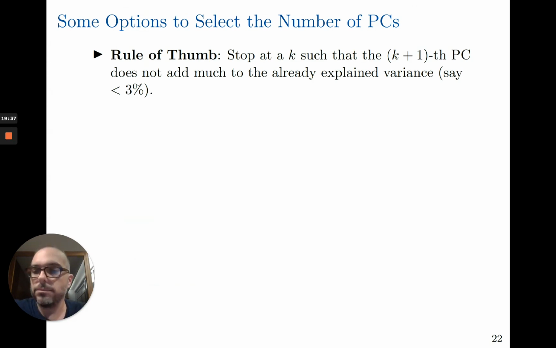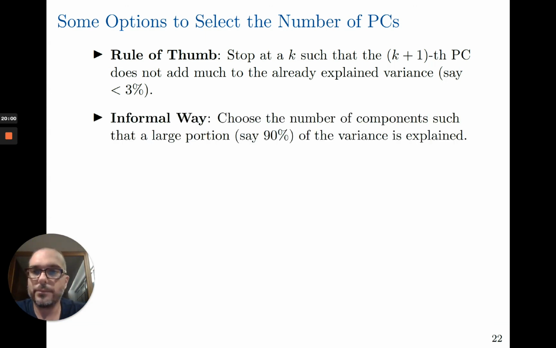But let's go back to the question: how do we select the number of PCs? There we can have a rule of thumb. For instance, stop at a k such that the following principal component does not add much to the already explained variance, say something less than 3% of marginal contribution. Or choose the number of components such that a large, predetermined portion, say 90% of the variance, is explained.